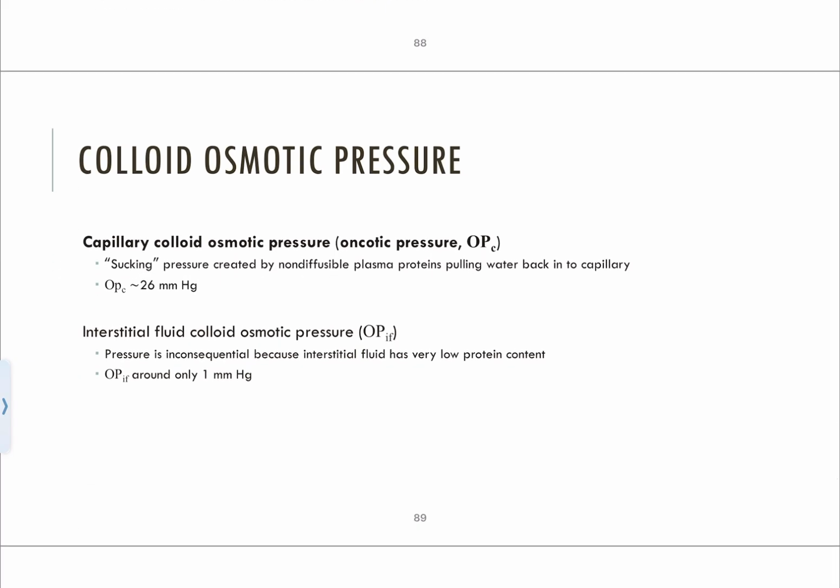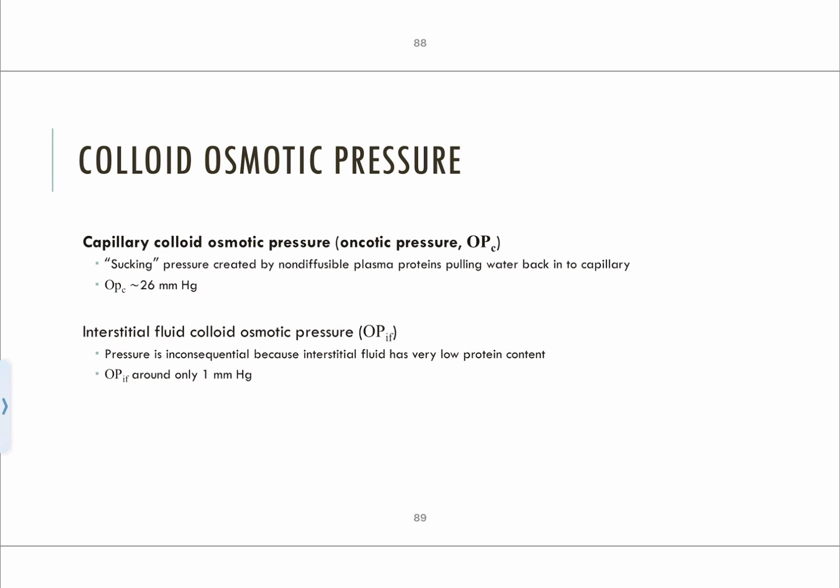Our colloid osmotic pressure, also called oncotic pressure, is the sucking pressure created by non-diffusible plasma proteins, primarily albumin, pulling water back into the capillary bed. If you remember osmosis, water moves to the area of higher concentration.